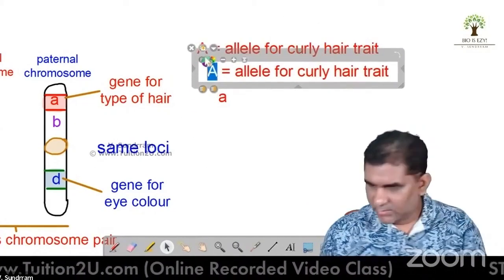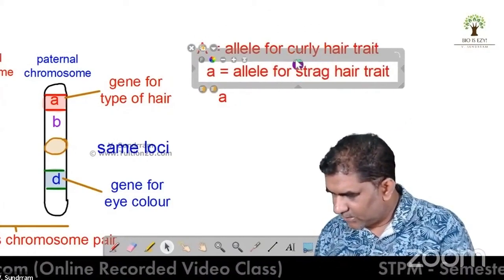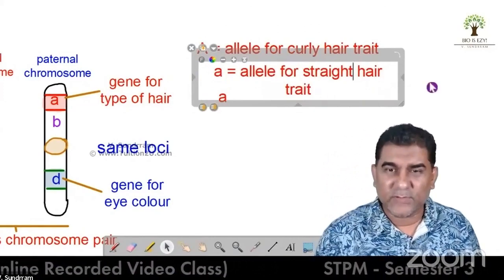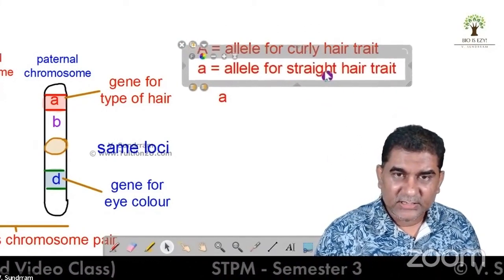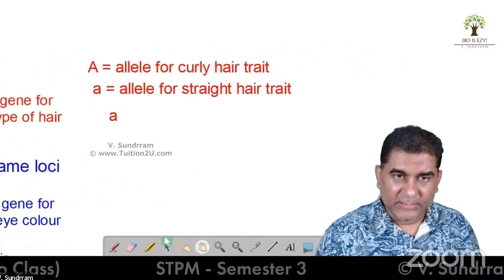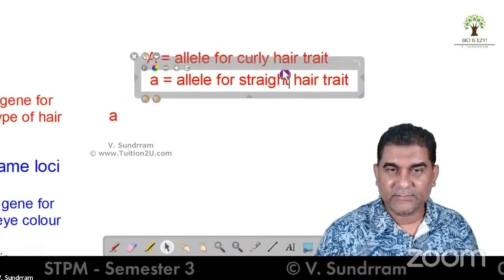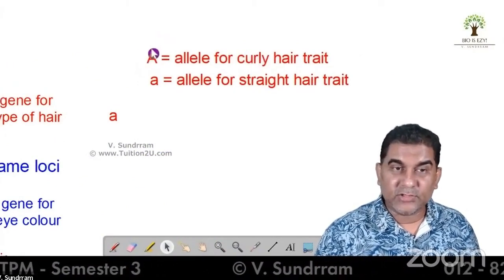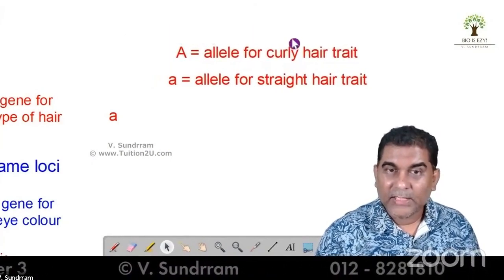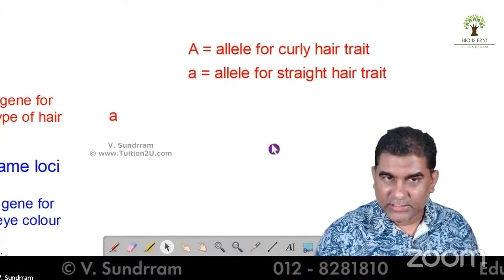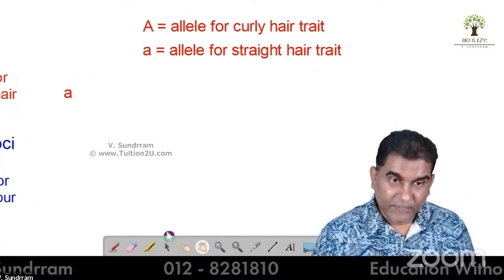Small a is the allele for the straight hair trait. This is the standard example we always give in class. Why am I using capital A for curly and small a for straight? Later you'll understand. For the moment, capital A is for curly, small a is for straight.